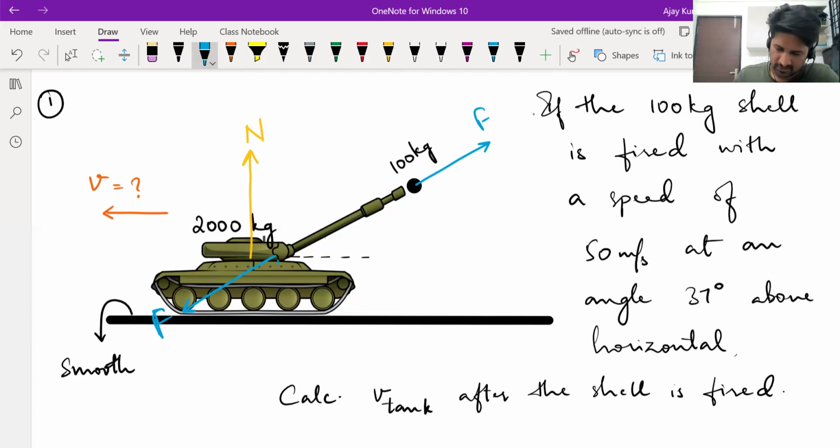Now the force F has a downward component like this. That makes the tank press harder onto the ground. So what will happen? The normal force suddenly increases. It won't be equal to mg of the tank.